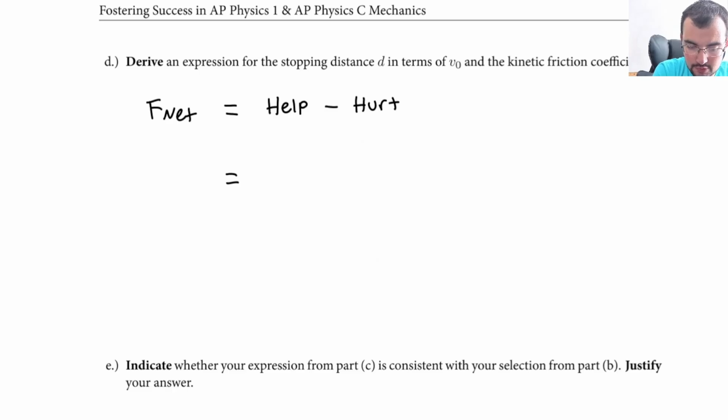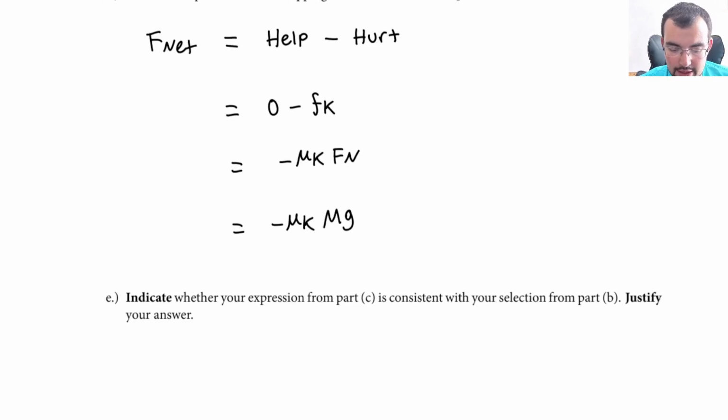So our net force would be 0 minus the kinetic frictional force. And that is just mu k times normal force, which would be negative mu k times mg. And it does say just call this coefficient mu. I have the habit of just always having a subscript. That is a very M-looking mu today.